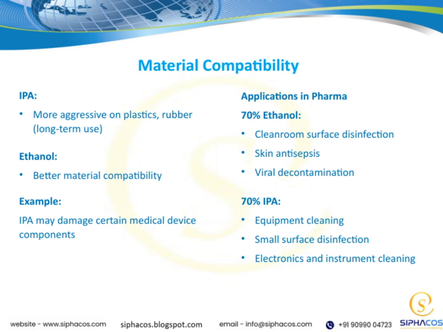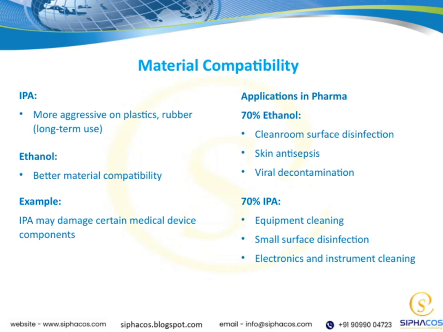However, it's important to consider material compatibility. IPA can be more aggressive on plastics and rubber, especially with long-term use. This means it can cause damage or degradation to certain materials over time. On the other hand, ethanol generally offers better material compatibility, making it suitable for a wider range of surfaces and components.